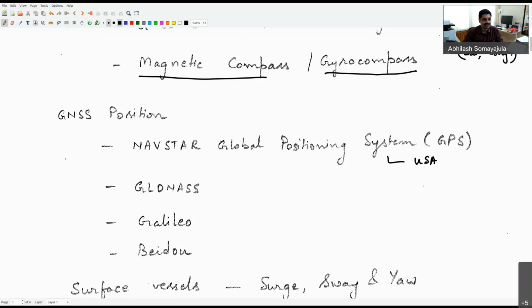The last constellation is called BeiDou, and that has come from China. They too did not have worldwide coverage for a long time. I think since 2020 they are offering worldwide coverage. Otherwise, they had pretty good coverage over most of the geographic regions. India also has its own GNSS positioning system, which does not have worldwide coverage yet.